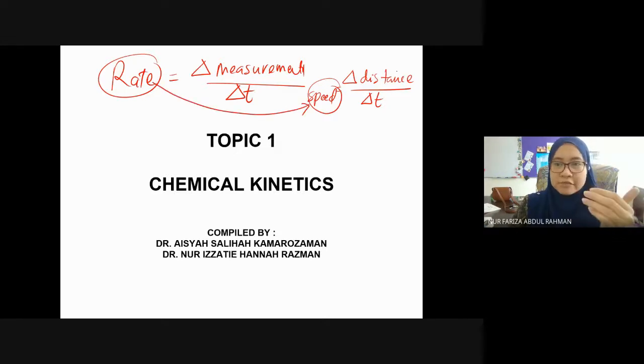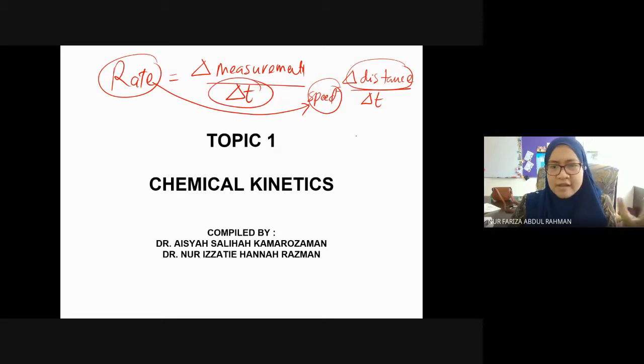Because once we have specified the measurement atau the parameters that we are interested in, and divided with time, we have a specific name for the rate. We call it speed rather than rate, but it's actually rate. Speed ni adalah rate, because rate is anything over time.